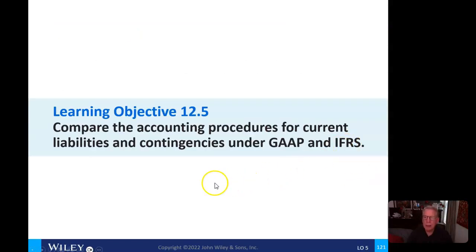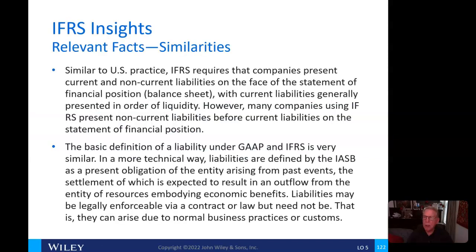All right, now we'll take a look at comparing the accounting procedures for current liabilities and contingencies under GAAP and IFRS. We have some similarities here, as we always seem to. Similar to U.S. practice, IFRS requires companies to present current and non-current liabilities on the face of the statement of financial position.